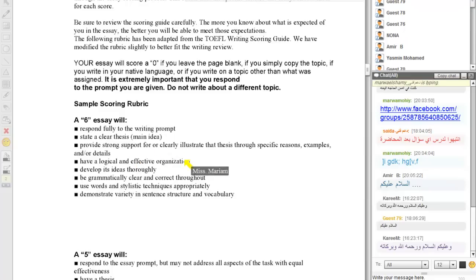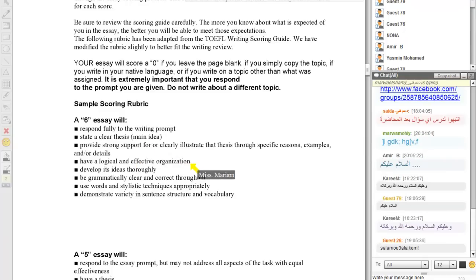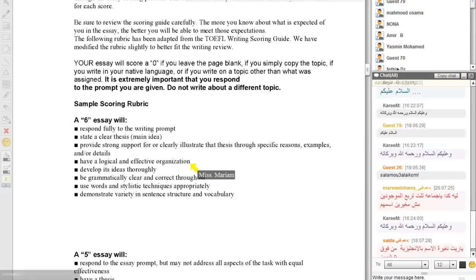And to have a logical and effective organization, you have to organize your essay. If you are talking about cause and effect, you have to follow the logical sequence. Okay, don't jump from one idea to another. Don't break your ideas. Don't interrupt your train of thought.